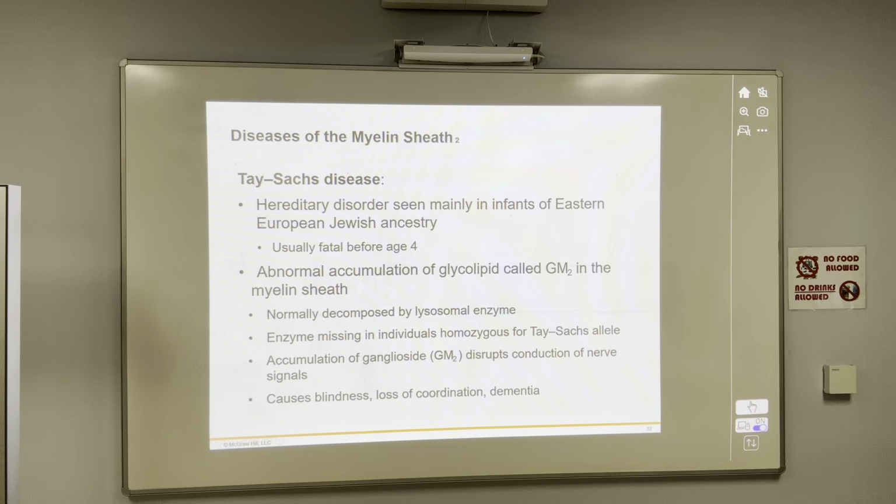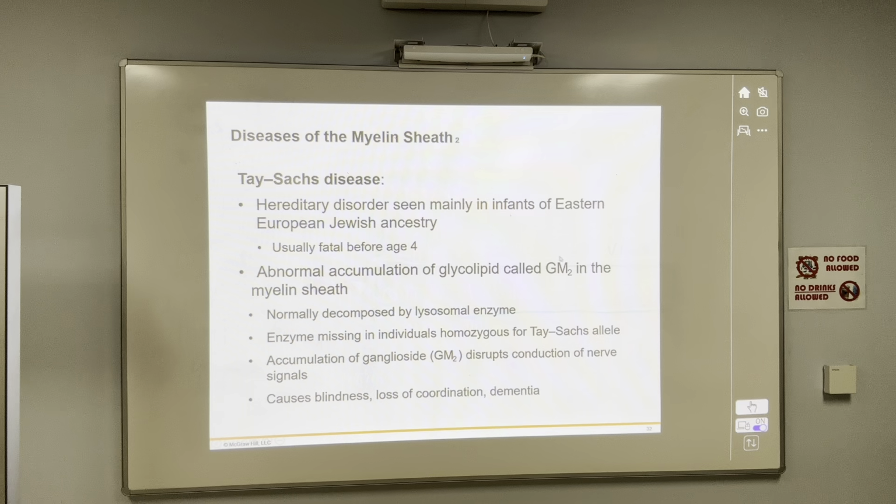What's Tay-Sachs disease? Tay-Sachs disease is a hereditary disorder seen mainly in infants of Eastern European Jewish ancestry. They usually die before the age of 4. It's an abnormal accumulation of the glycolipid called GM2 ganglioside in the myelin sheath. It is normally decomposed by a lysosomal enzyme.